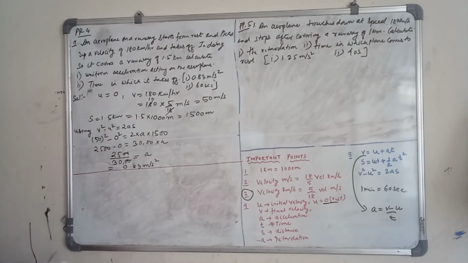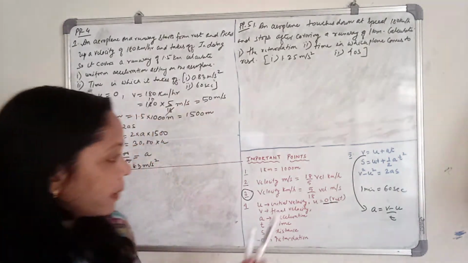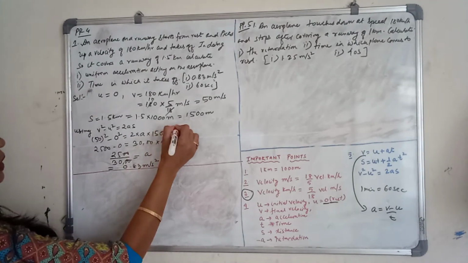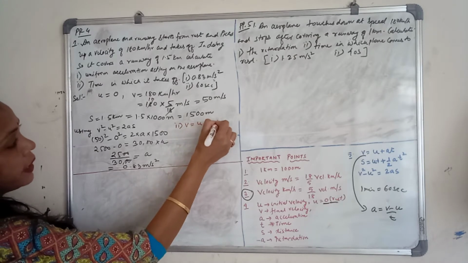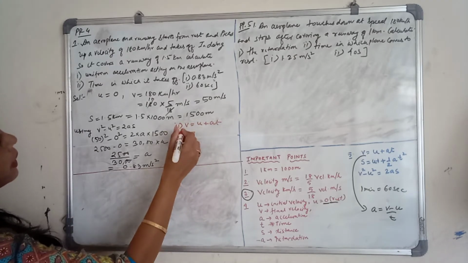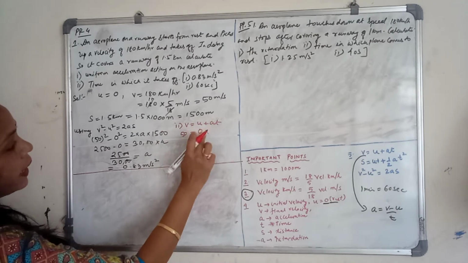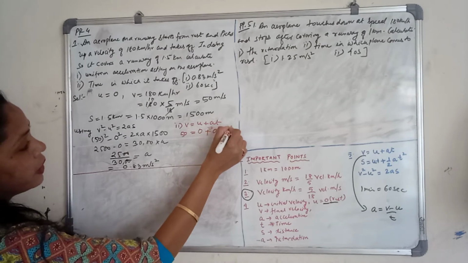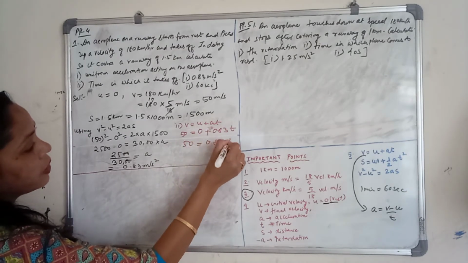Now in the second part you have to find the time. So time we can find by using the first equation, that is v equal to u plus at. So I am doing here number 2, v is equal to u plus at. So here v put the value 50, u is 0 and a what we got, 0.83 into t. So this is 50 is equal to 0.83 into t.